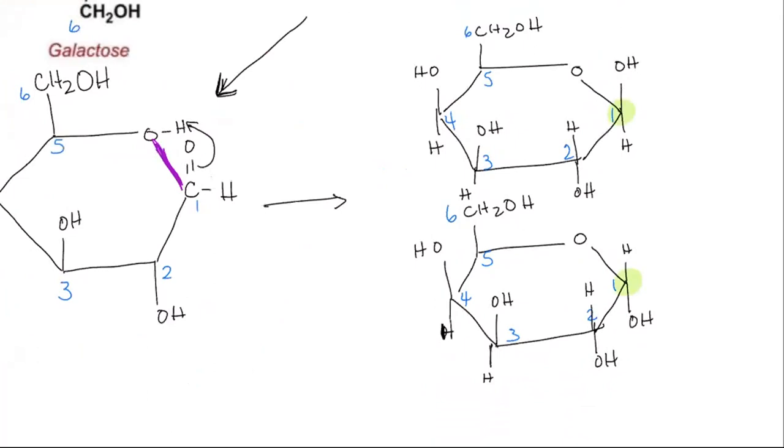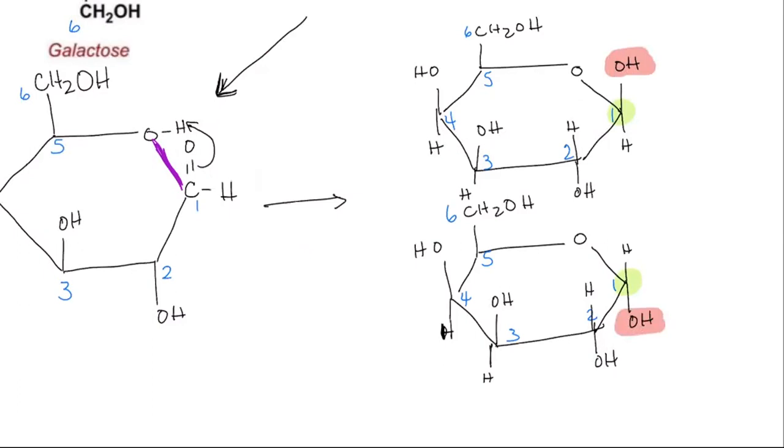How do I know which one of my Haworth projections is alpha or beta? You will simply look at carbon number 1 and see which way the OH is pointing. When I look here, my OH is pointing up here, but then it's pointing down right here.